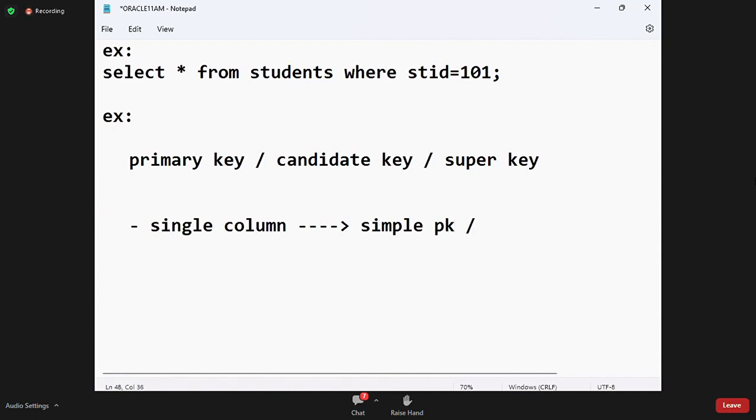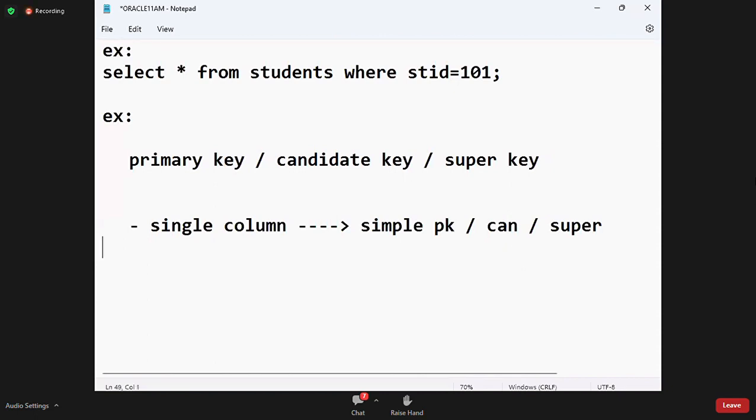Then it is called a candidate key. Then it is called a super key. When we apply a primary key on a single column in a table, that column can be defined as simple primary key column, candidate column, and even a super key column we can call.